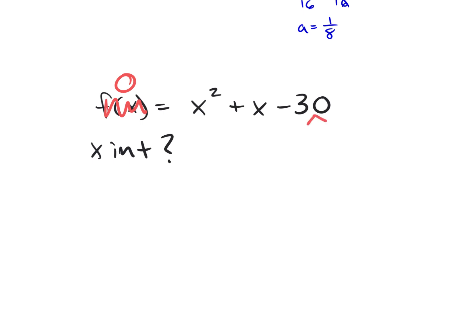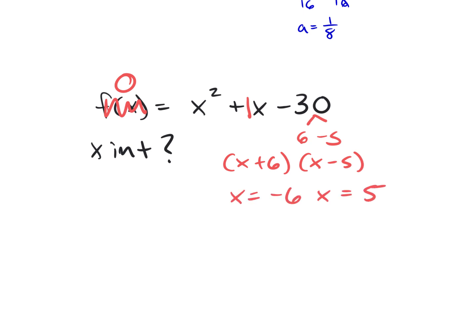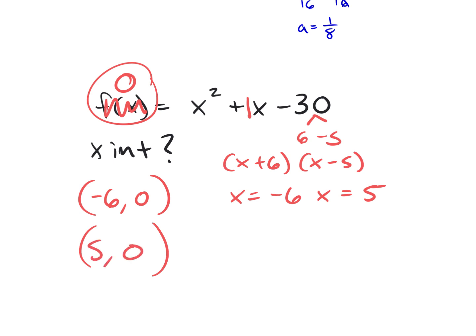What are 2 factors of negative 30 that add to 1? 6 and negative 5. Perfect. So x plus 6, x minus 5. So x equals negative 6 and 5. X-intercepts are going to be points. How would I write this as a point? Negative 6, 0. What do we plug in for the y? 0. So it'd be negative 6 comma 0 and 5 comma 0.